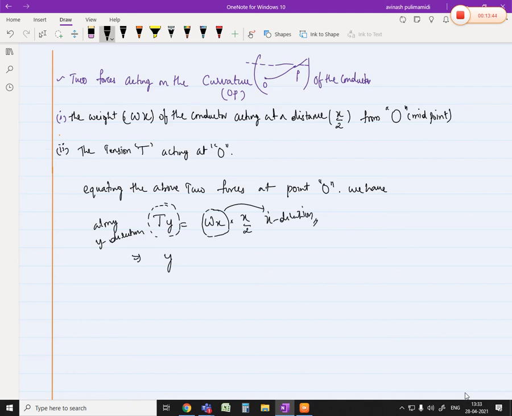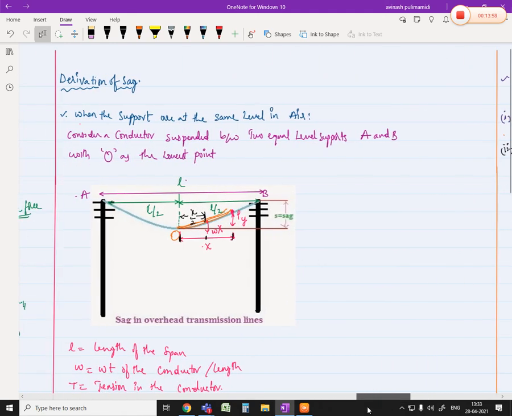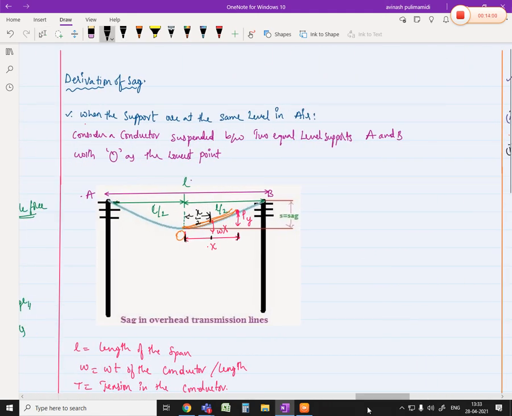So thereby, I want to find this y. How much sag will it be? So the maximum sag. Yes or no? Y is nothing but the sag. Let us take a small point to the exact midpoint. This was the sag from the extreme end to the midpoint.